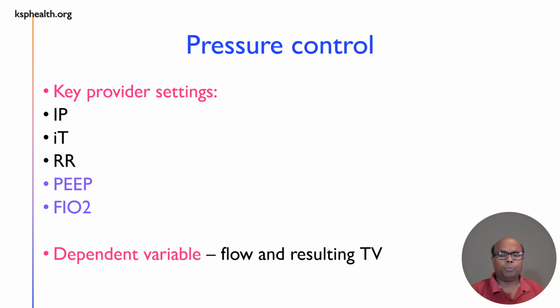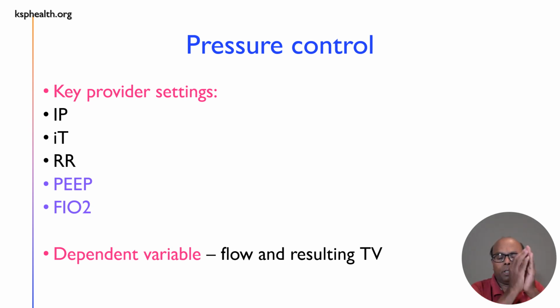The other common mode is pressure control. It can be pressure assist too in assist control modes. We discussed that the provider sets the following parameters, and we discussed PEEP and FiO2. So the important parameters are inspiratory pressure, I time, and respiratory rate.